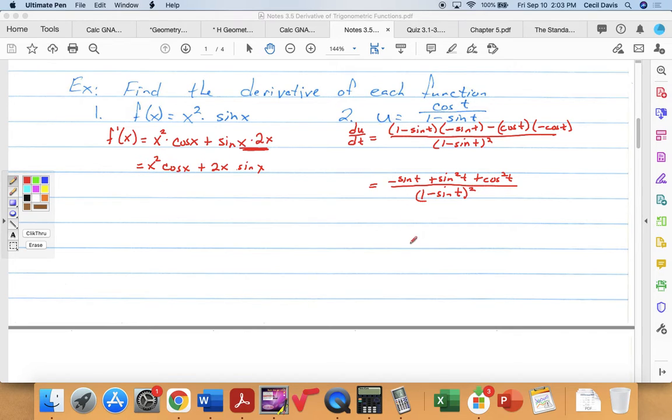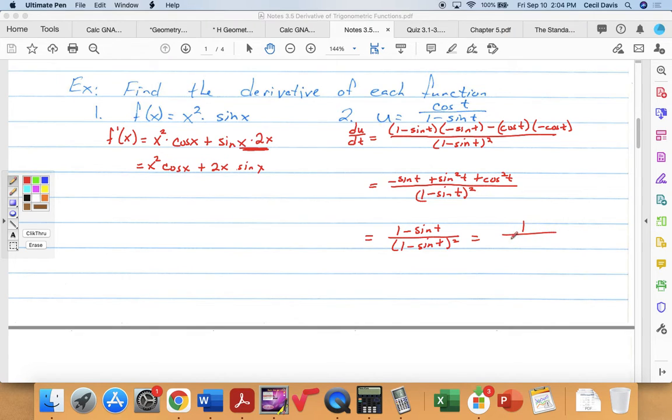This one I can use a trig identity that I hope that you still remember. Sine squared plus cosine squared is 1? Yes, sine squared plus cosine squared is 1. So the numerator now is 1 minus sine of t, and the denominator is 1 minus sine of t squared.